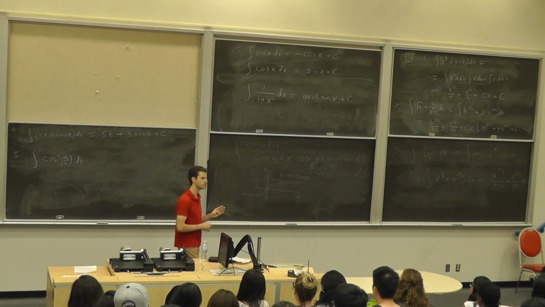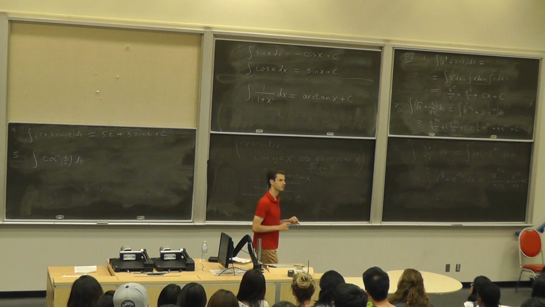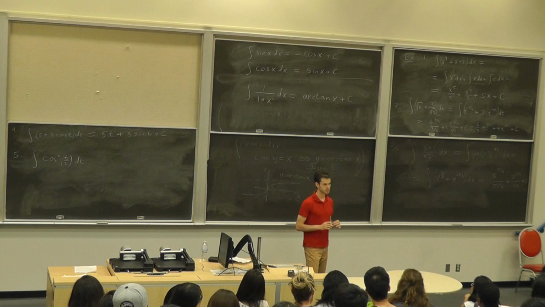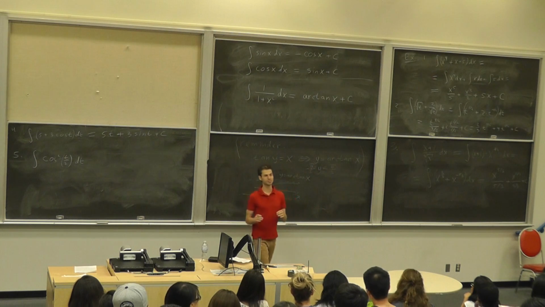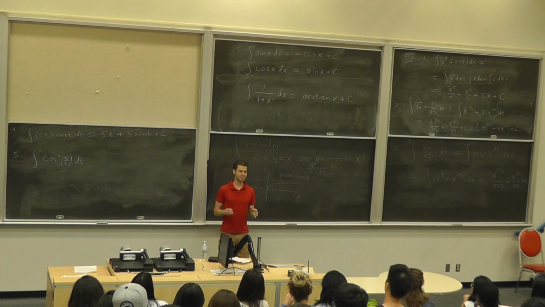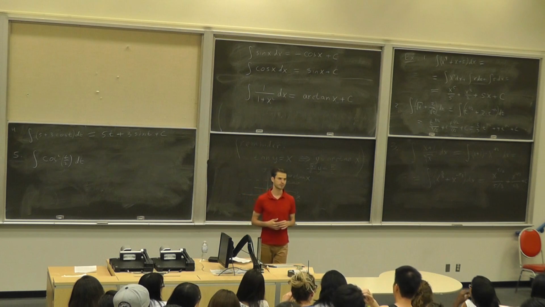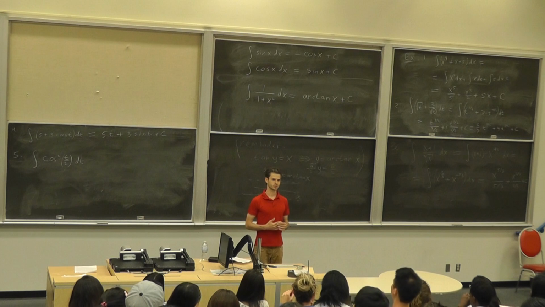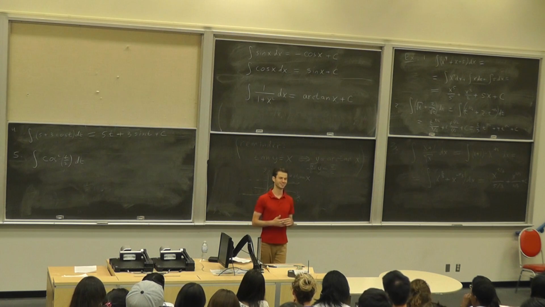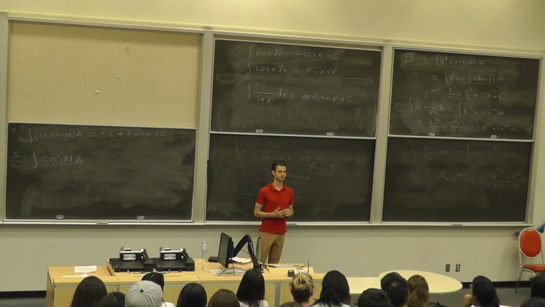So maybe constants, sines, cosines. Okay. 1 minus sine squared is a formula, but sine squared is as complicated as cosine squared. So does anyone remember a different formula which involves cosine squared?